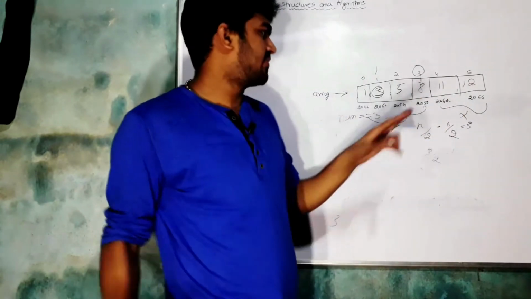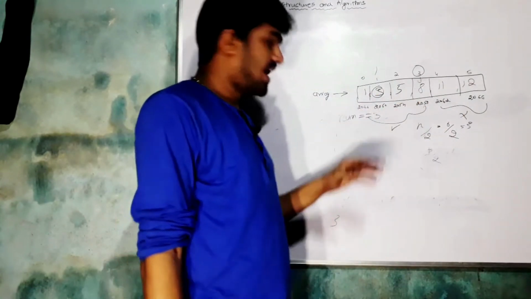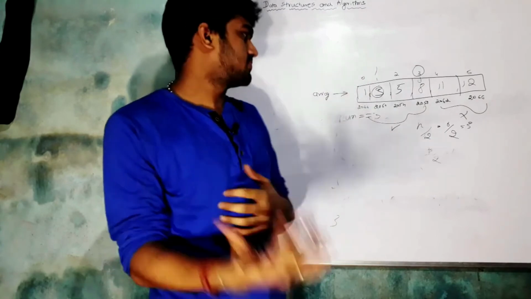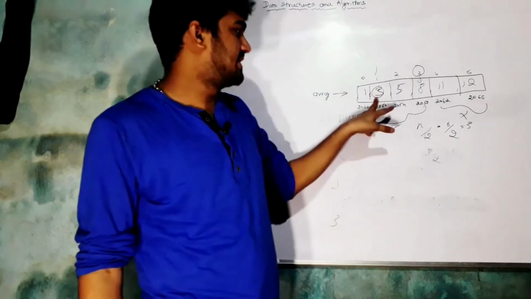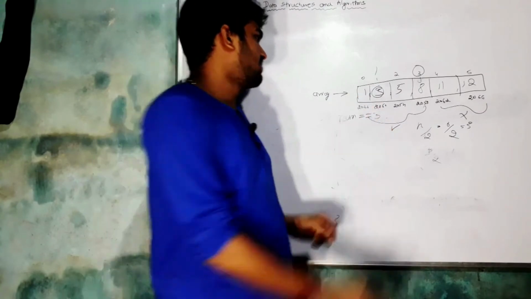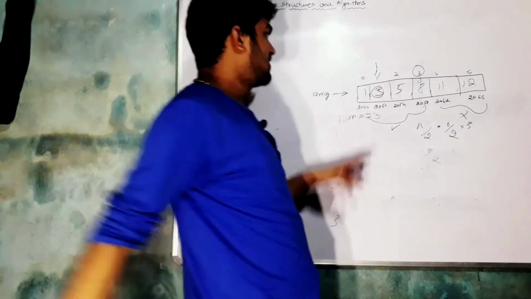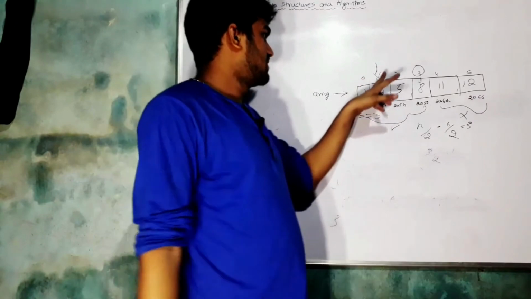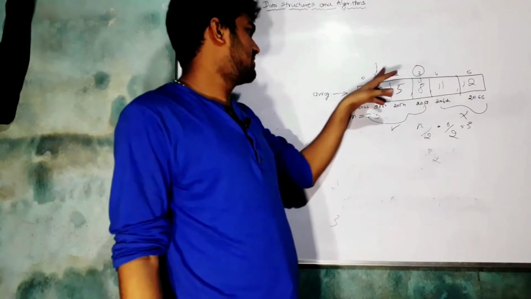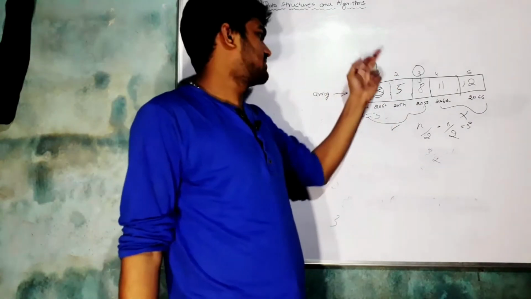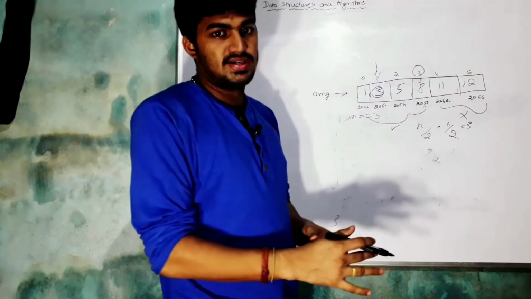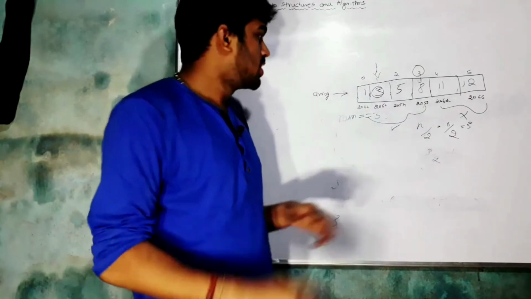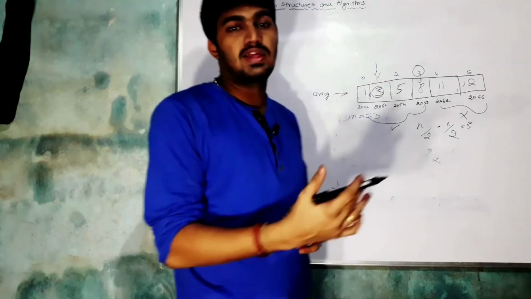Once again it will take the left side of the array and divide it. There are 3 elements. What is the middle element? It's nothing but 1. So it will check with that element. Is that element equal to the number? Yes, it's equal to the number. So the condition is true, and it can print the answer.